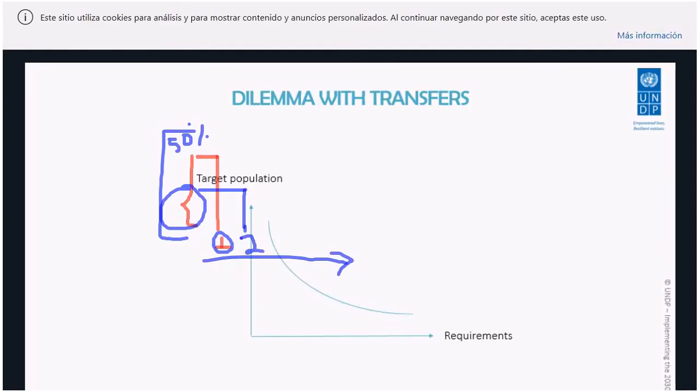In terms of the total population, probably it's not the 50%, but it could mean that now probably it will reduce from 50% to, I don't know, 30%, right?